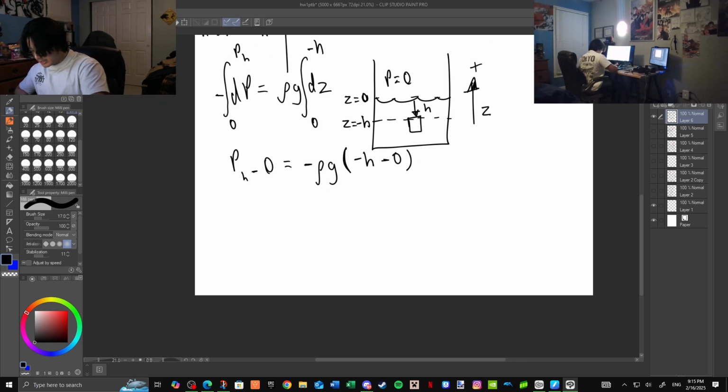Doing a little simplifying, p of h minus 0 is just p of h, or just the pressure in general. So I'm just going to erase this. We're just going to assume this is just the pressure overall. And then we have rho g times minus h minus 0. Minus 0 does nothing, so we're technically left with negative rho g times negative h. The negatives cancel out, and we are left with the final expression: P is equal to rho g h.